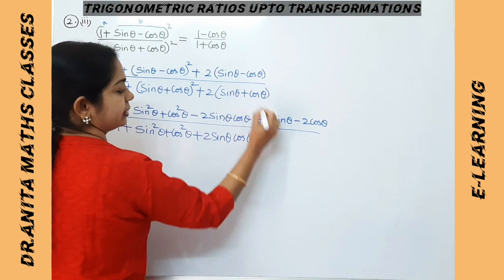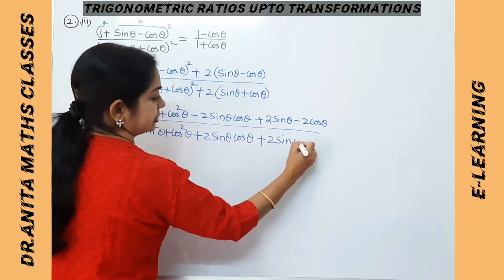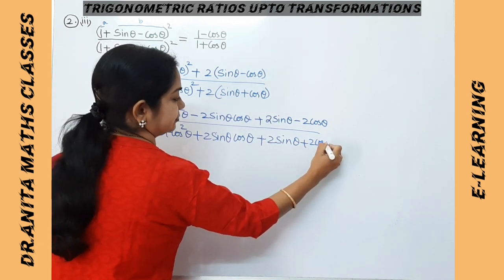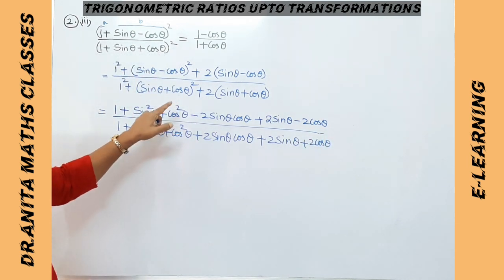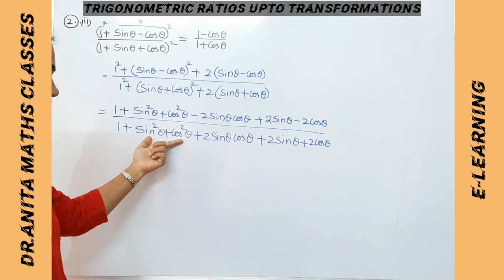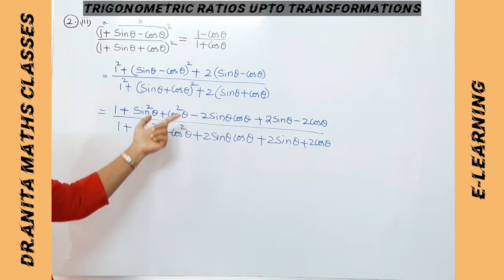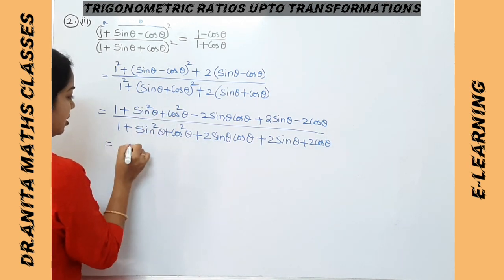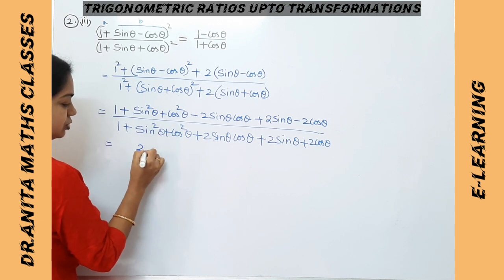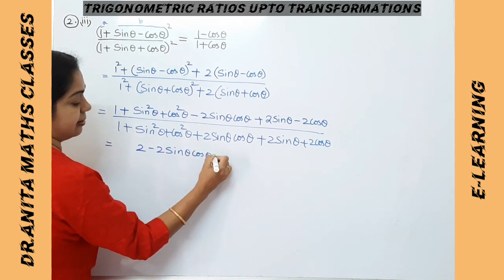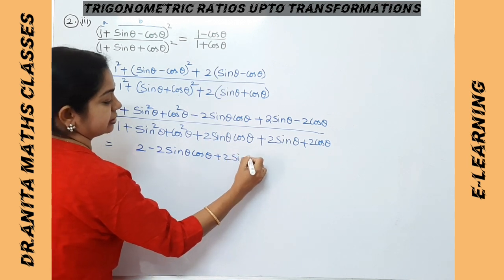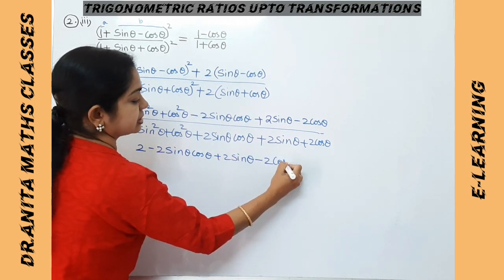Again here we will open the bracket, 2 sin theta plus 2 cos theta. Now if you see the numerator part, sin square plus cos square, that is the first identity. Even here sin square plus cos square is the first identity. It comes to 1. So 1 plus 1 is 2. 2 minus 2 sin theta cos theta plus 2 sin theta minus 2 cos theta.